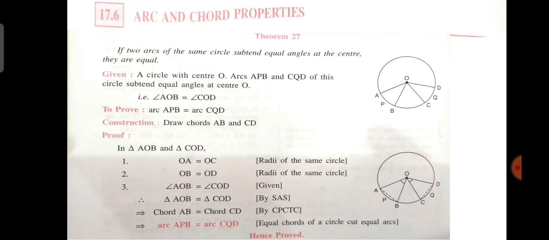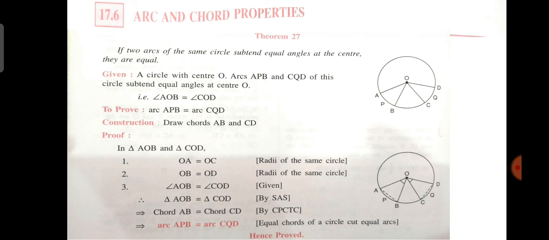So by SAS, two sides and the included angle being equal, chord AB and chord CD are equal. Which means arc APB and arc CQD are equal, because equal chords of a circle cut off equal arcs.